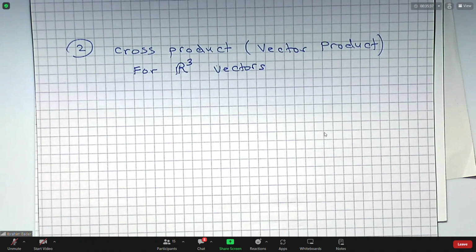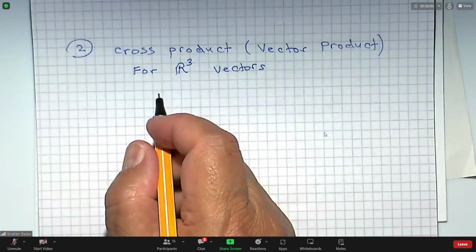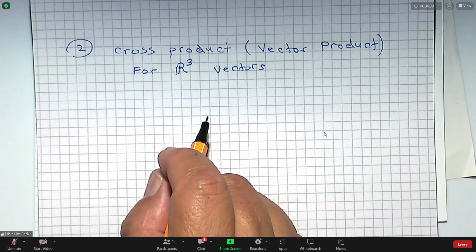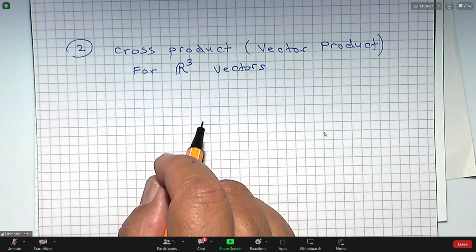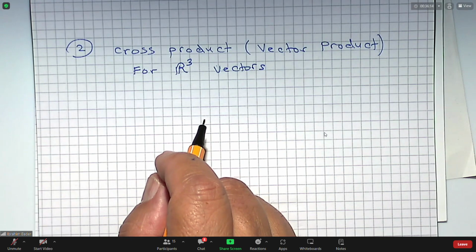Now, before I start, let me just define it, and then I will give you some geometric interpretation of that. But then we need to spend some time in today's class evaluating determinants, because this is a very important topic that will be needed in many of the applications in this course.